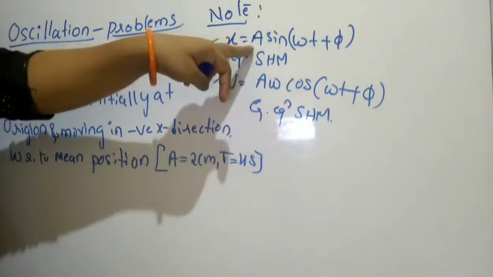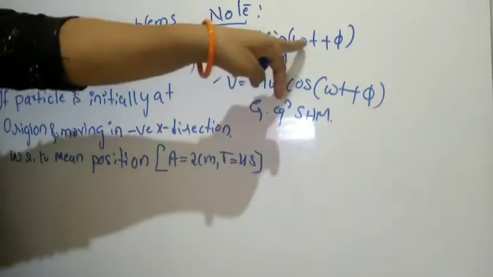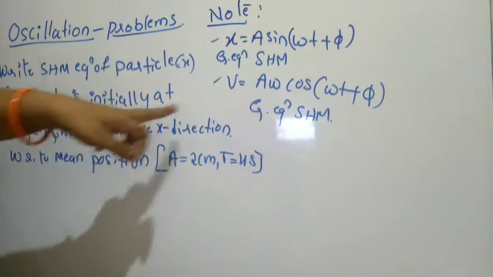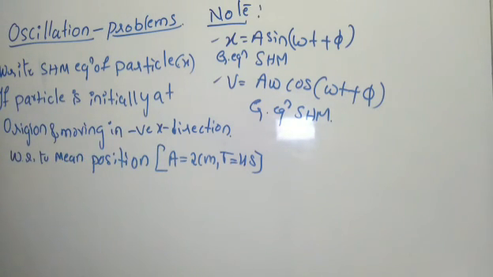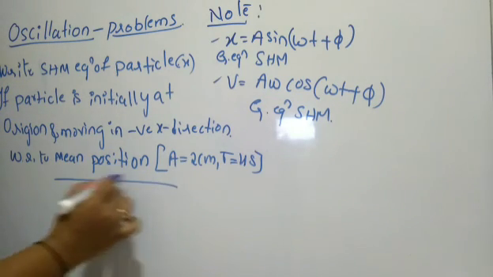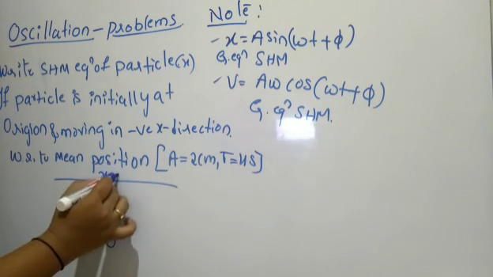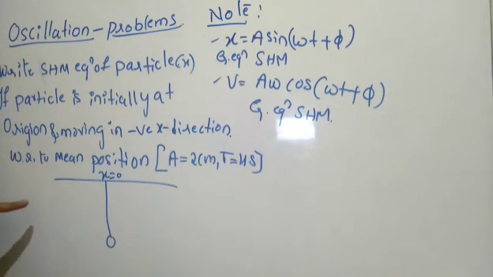This will not be the same as the general equation, because the particle is initially at the origin and moving in the negative direction. So we have to frame the diagram here. The particle is initially at x equal to 0, where velocity is maximum.